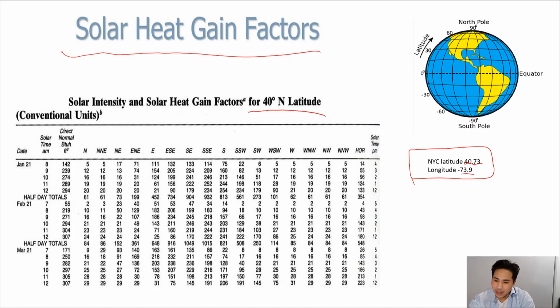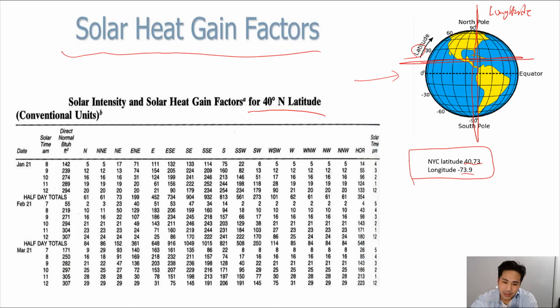If you look at a picture of the earth, latitude are the lines that go horizontally, this way, and longitude are the lines that go up and down this way. A good way to memorize it is that latitude starts with the three letters LAT, which rhymes with fat. And when you're talking about something that's fat, you're talking about the circumference of that object. That's just one way to help you remember which direction latitude is and which direction longitude is.